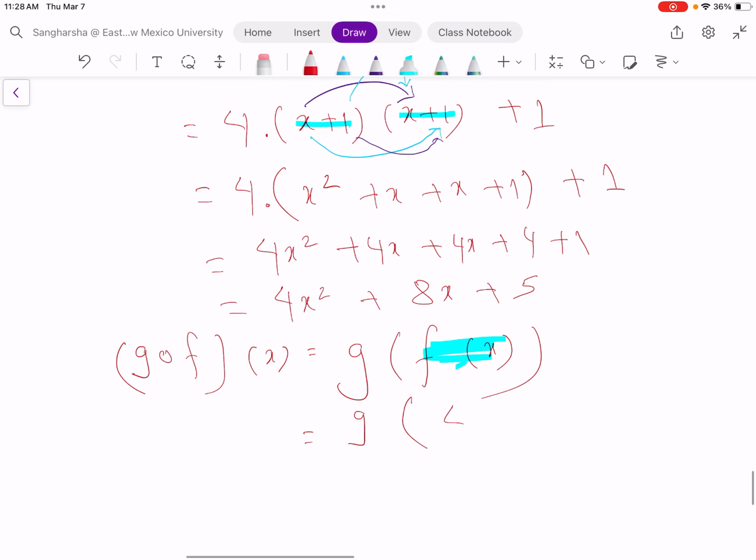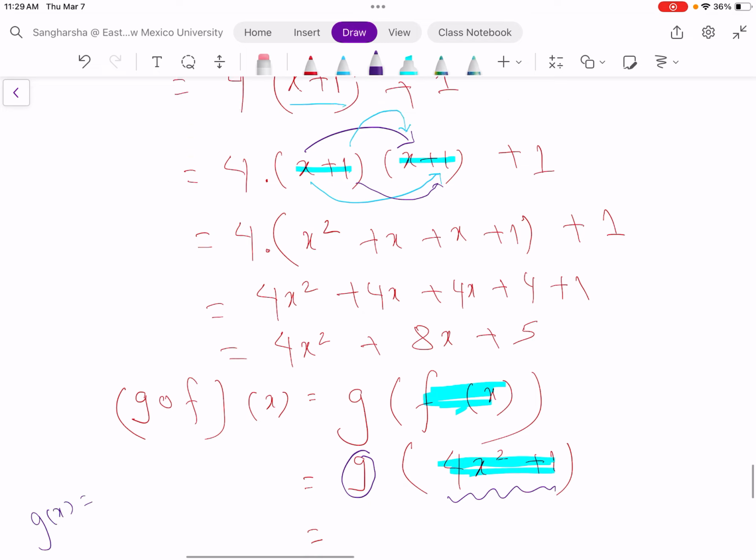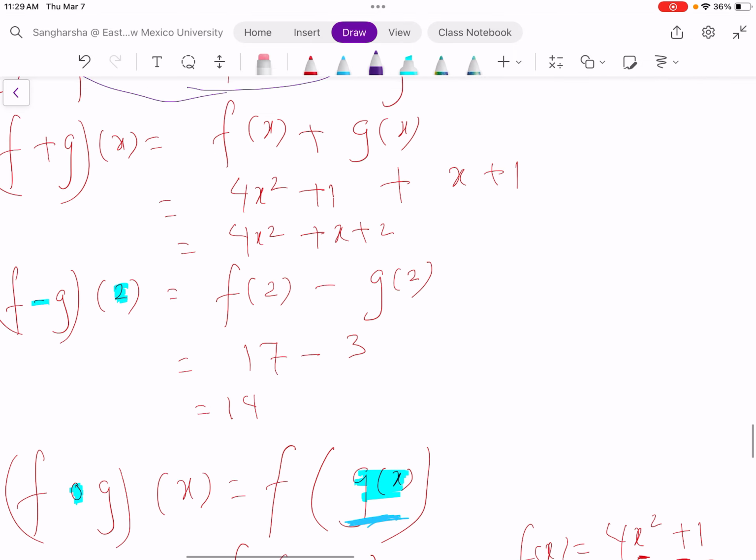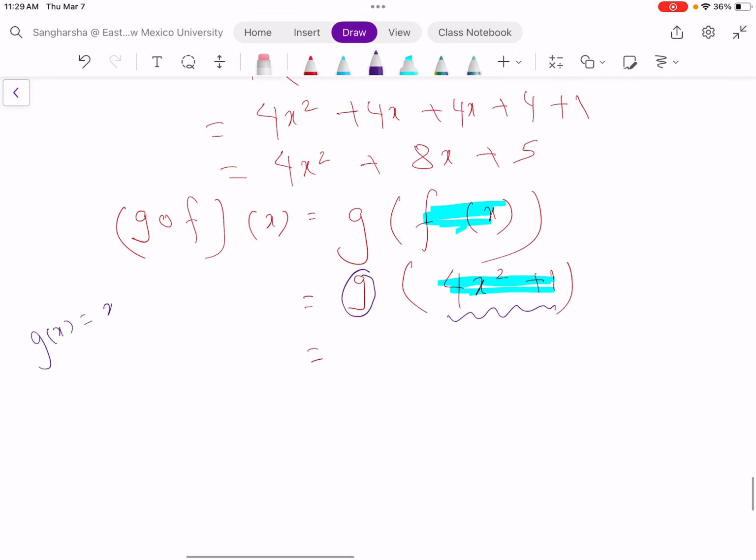Our f of x is 4x squared plus 1. Now we find g of this expression. So in order to find g of this expression, you substitute this 4x squared plus 1 for every x in your g function, and our g function is x plus 1.